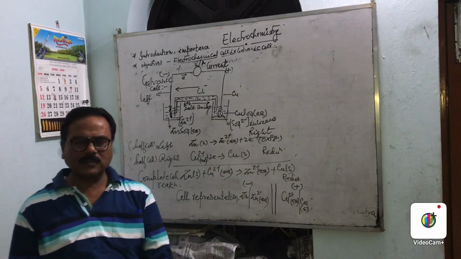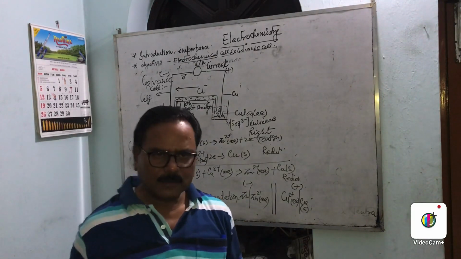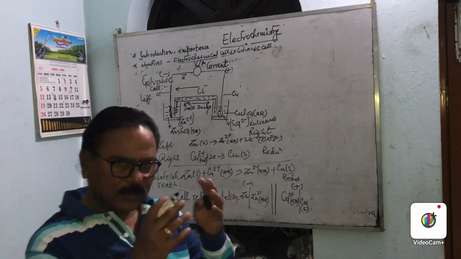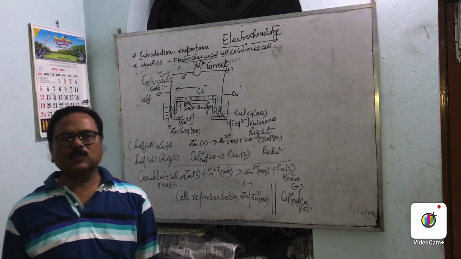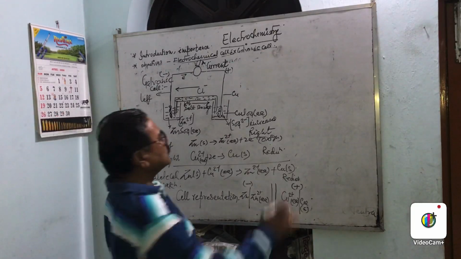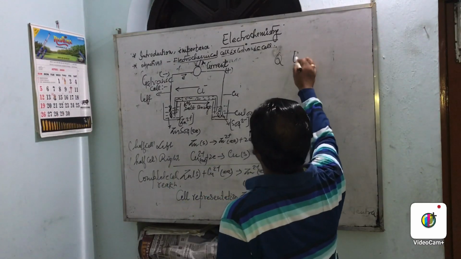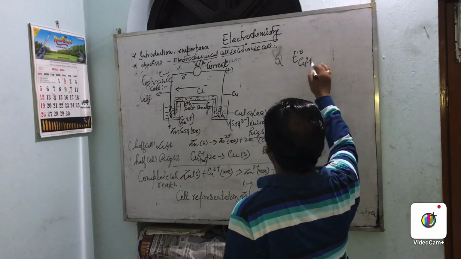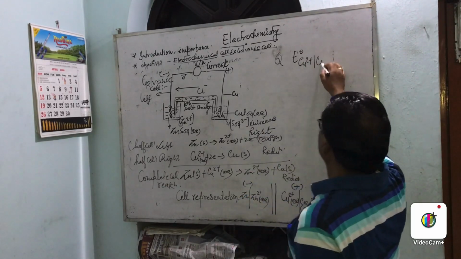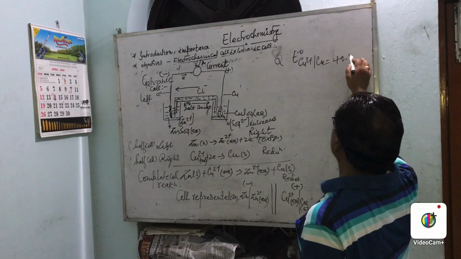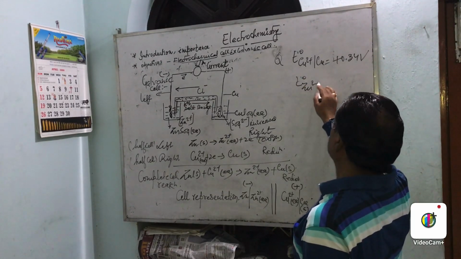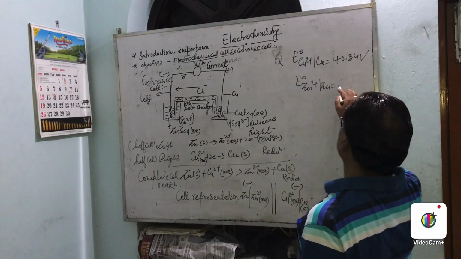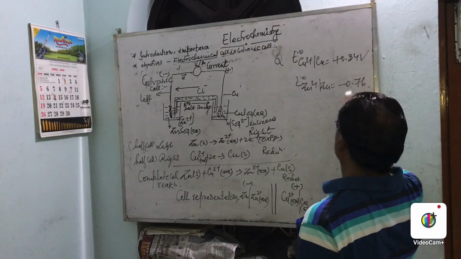Now suppose a question is asked where the electrode potential is given, and by using that data you have to represent the electrochemical cell. Suppose E0 of Cu2+/Cu is +0.34 volt, and E0 of Zn2+/Zn is -0.76 volt.